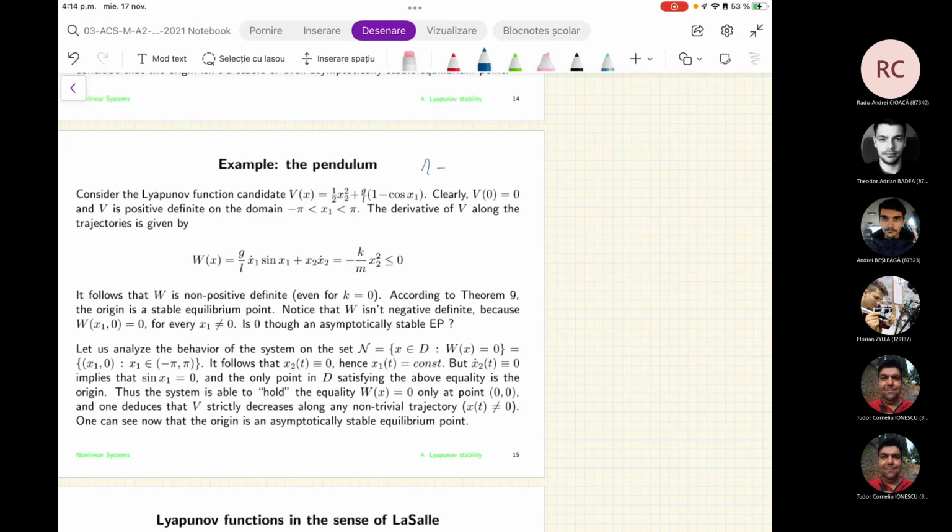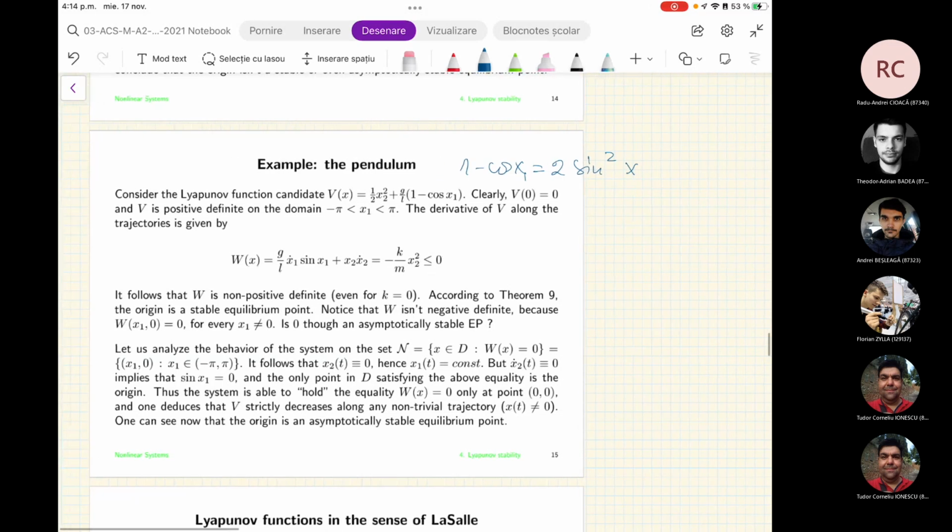Because 1 minus cosine x is actually twice sine square of x over 2. It's like this, right? You agree? All right.